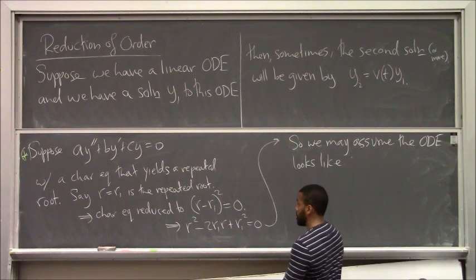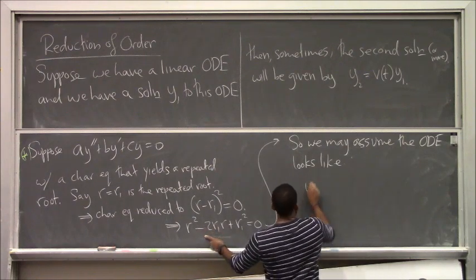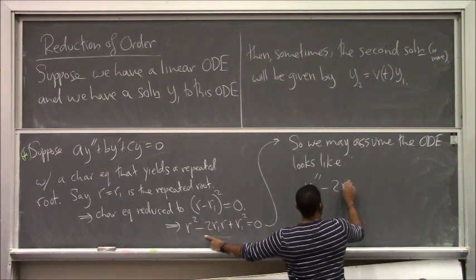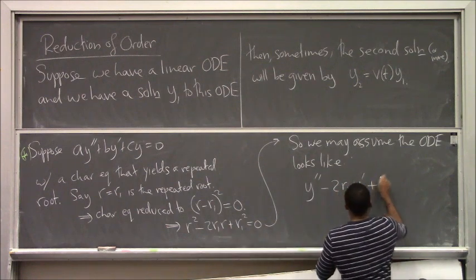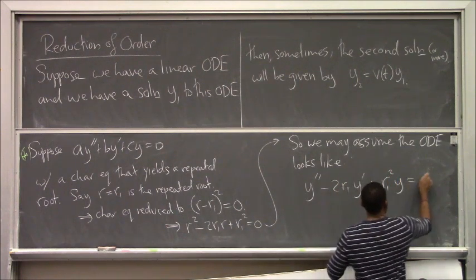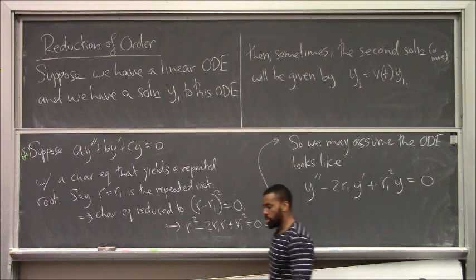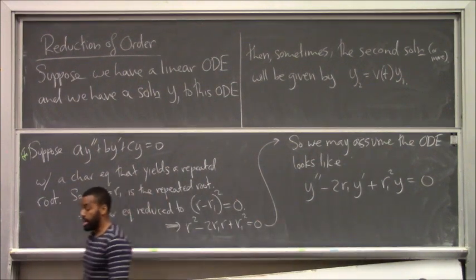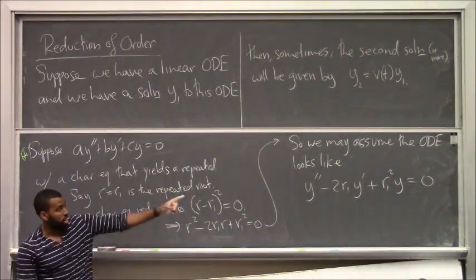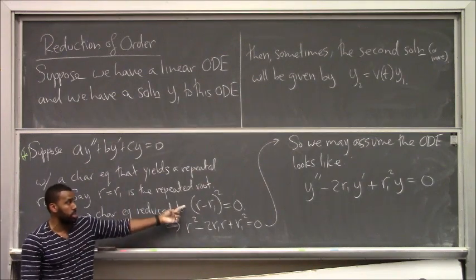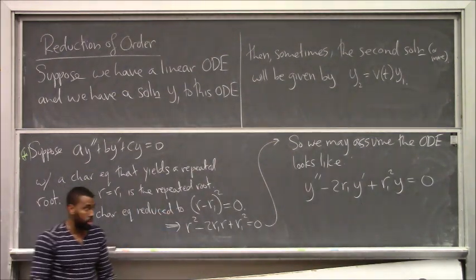It's going to look like y double prime minus 2 r1 y prime plus r1 squared y equals 0. This is going to be the general form of a guy that has a repeated root. Because once I find the characteristic of that guy, it will ultimately reduce to this guy, which only gives me one answer for the quadratic.